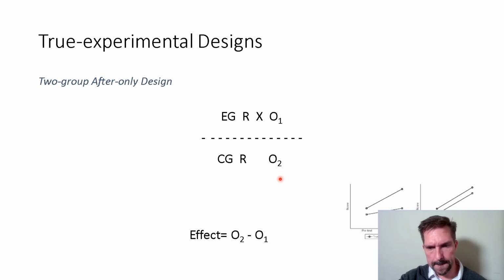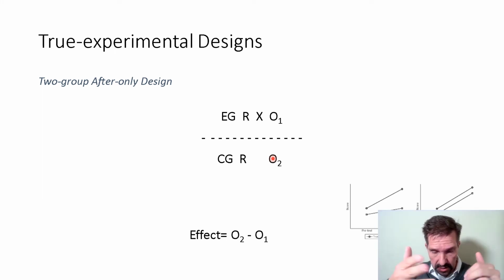Okay. Now, notice the fact that now we have these two groups, what we are able to do is we only measure participants once. So this is going to lower the chances that, A, something changes in time, like history, and it affects our results, because everybody's being measured at the same point in time. Okay, that's one.